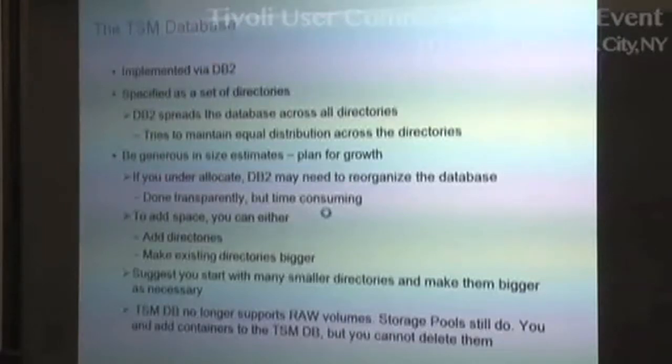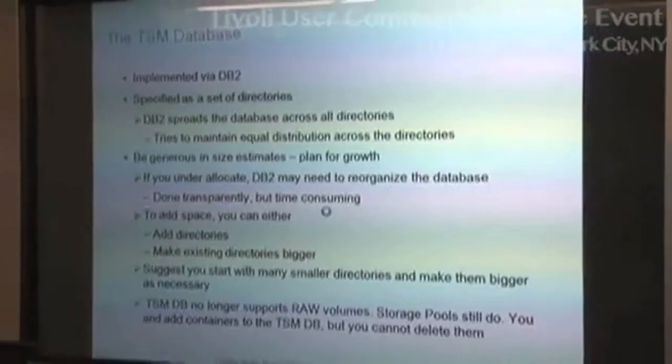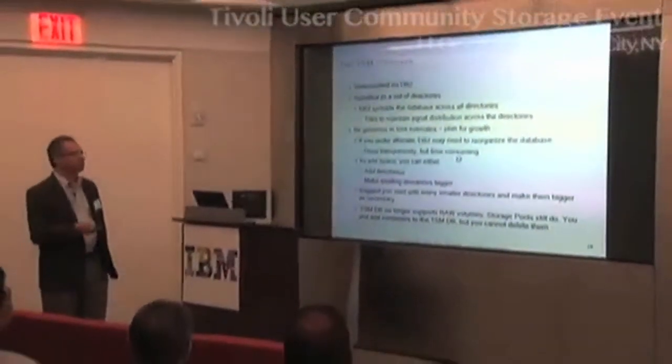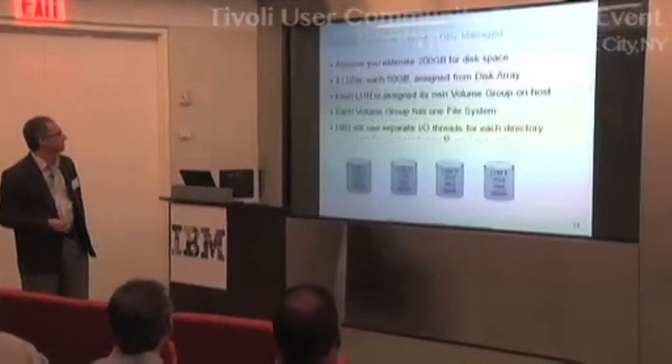So the trick is making sure that you allocate those file systems on the proper type of storage and the proper configuration. Sorry, question? Do you still recommend splitting the DB2 database up into multiple volumes? Yes, perfect question.